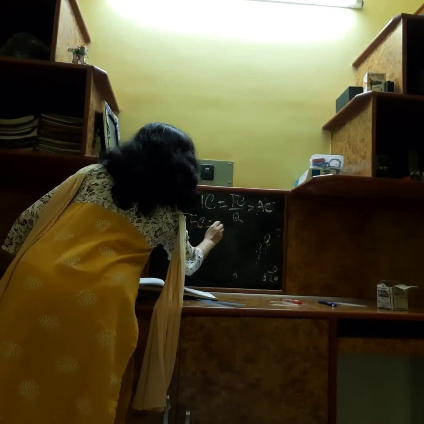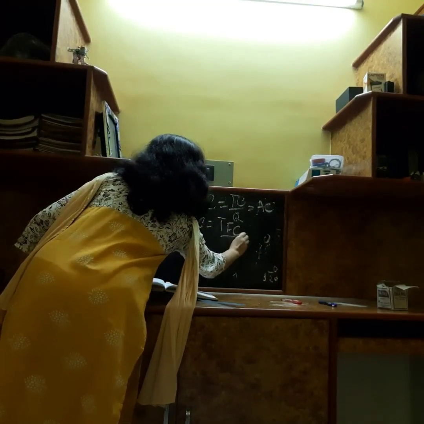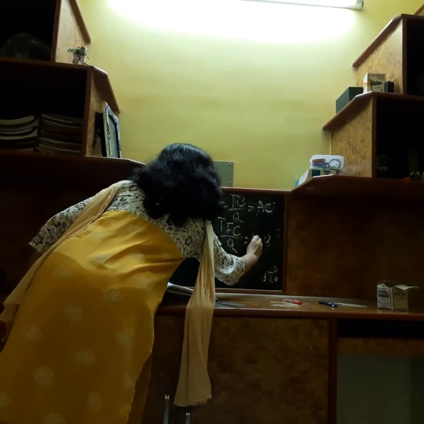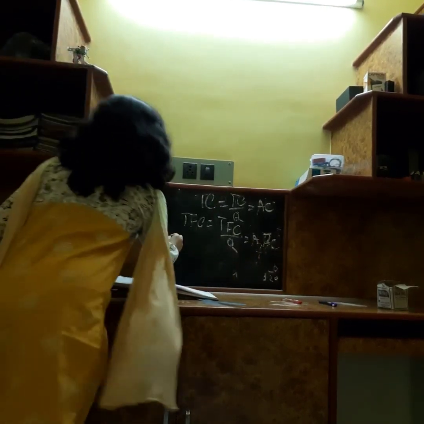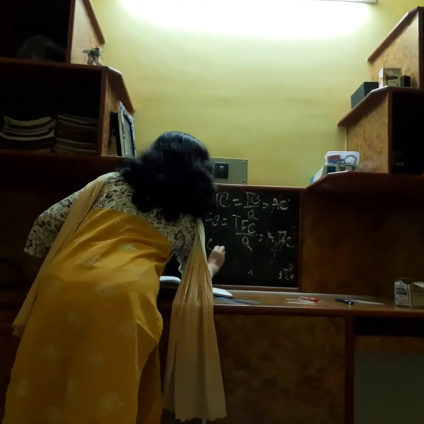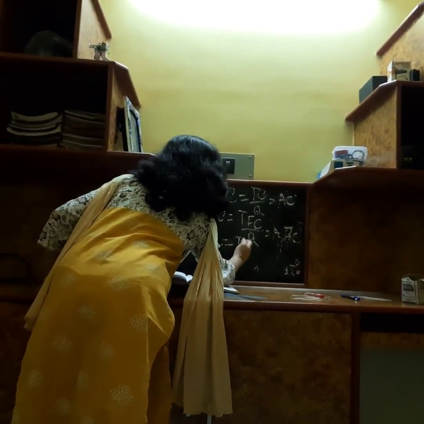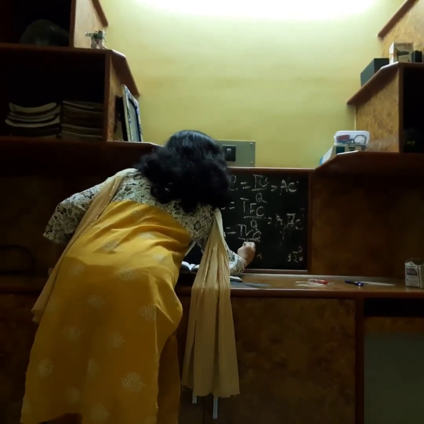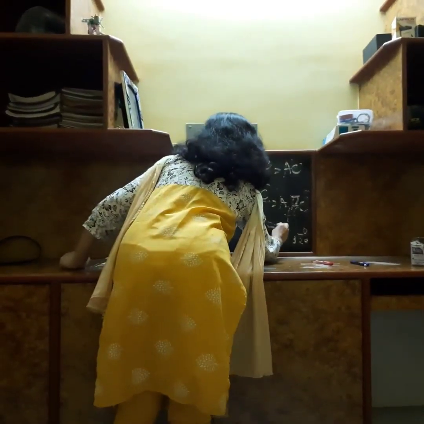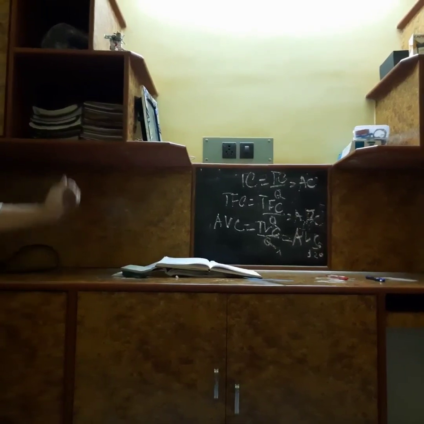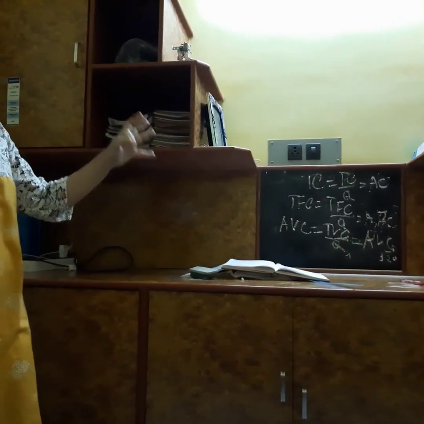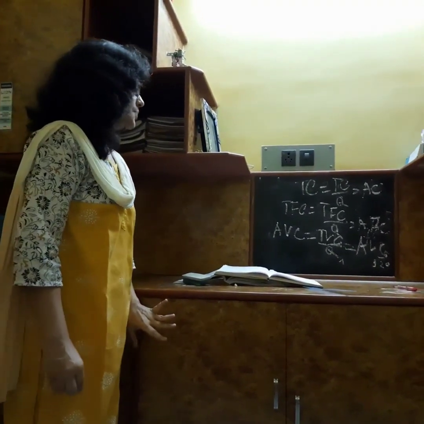When TFC is divided by Q, we will get AFC. And when TVC is divided by Q, then we will get AVC. So these are all the calculations of the average cost.